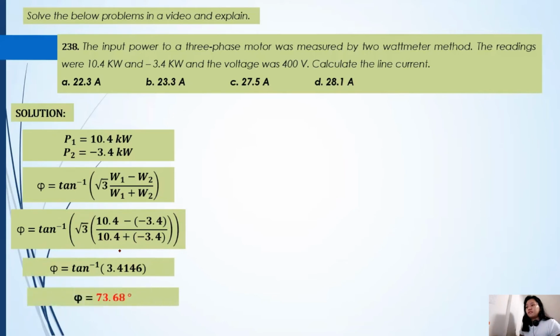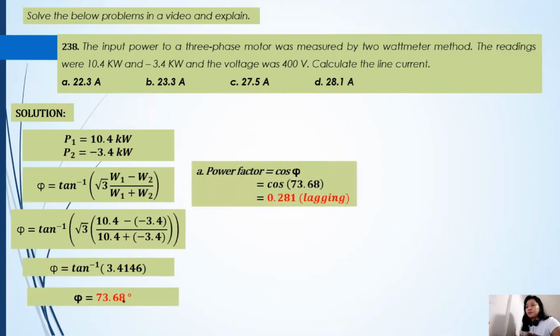So the phi is 73.68 degrees. So first in A, we have power factor. So our cosine phi, since we already know what is phi, we have cosine 73.68. So we have 0.281 and it is lagging.